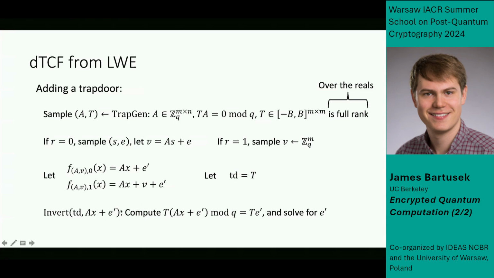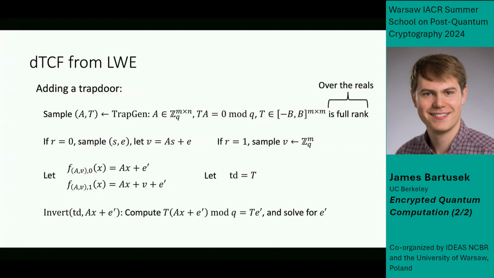And once we solve for E prime, we have everything, right? We can strip E prime off and then solve for X. I didn't want to completely recapitulate how to do trapdoor sampling. We saw that earlier this week, but this is just to say we can use those techniques to add a trapdoor to this TCF construction.